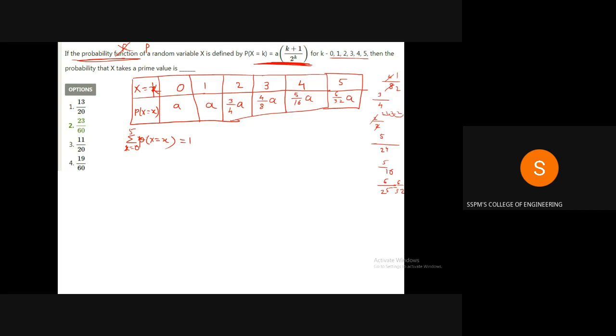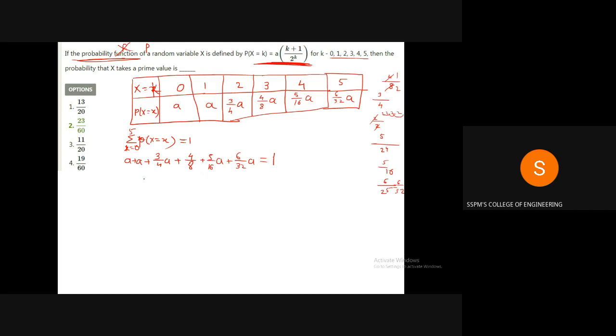The total probability is always 1. So we will add all these values and equate them with 1. So we have a plus 3 by 4a plus 4 by 8a plus 5 by 16a plus 6 by 32a is equal to 1.